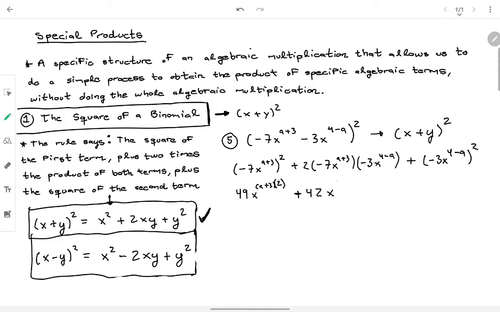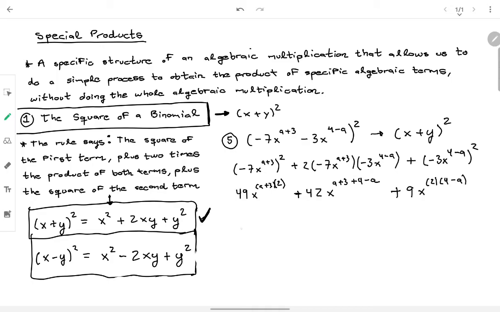We will have x. In this case, we can add the powers because they have the same variable, x, so we can put together the powers and add them, and we will have minus 3 squared is plus 9x, and it's going to be 2 multiplied by 4 minus a.